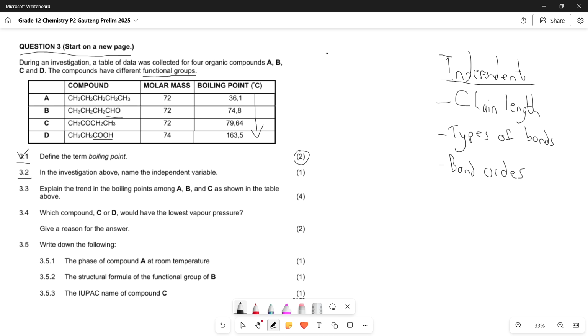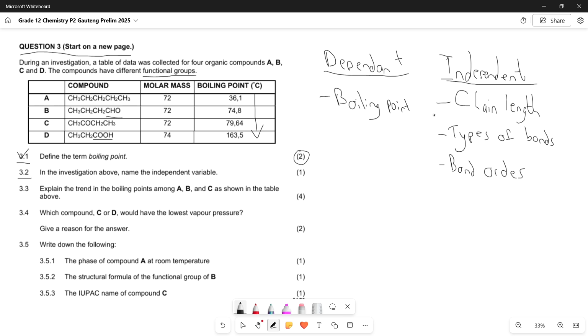And then the dependent variable is the boiling point, because we can change either of these. We control the chain length or the different molecules based on their chain length, or the molecules we're choosing to investigate based on their types of bonds. And then because of them having different types of bonds in this example, they'll have a different boiling point. So boiling point will always depend on one of these 3 guys.